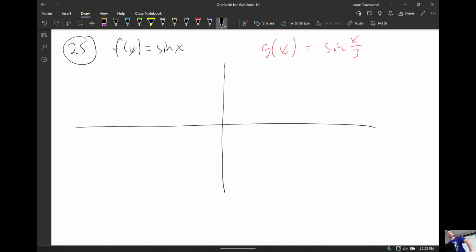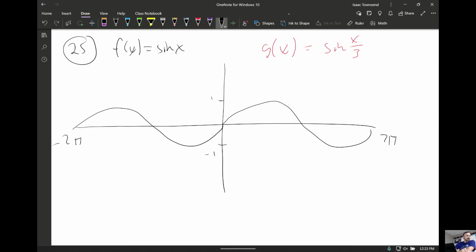And if you just dive into this too quickly, it's kind of hard to fix your graph. What I mean by that is I can graph this guy very fast. I know what sine looks like. It goes up to 1, down to -1. He's got a period of 2 pi. And it asks us to include 2 full periods. So here's 1 period, here's the second period. So graphing f of x is not a big deal.